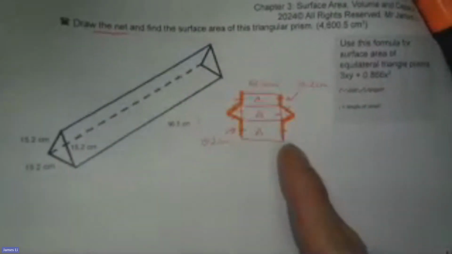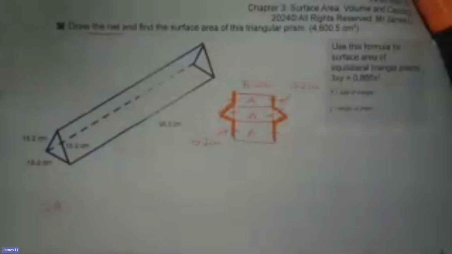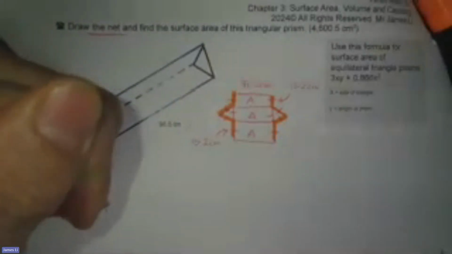Even though both of them are prisms, you can see that this net and this net are quite different. So let us calculate the surface area of the prism. If you notice, the way I do my working is I write that I'm trying to find the surface area of the prism, and then I write the formula.